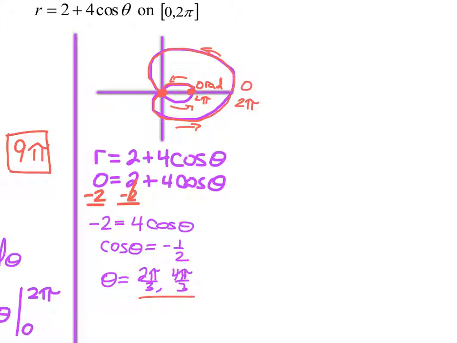Because if I dial back my theta max a smidge, just short of the full domain, then I should have just short of a full graph. So hit graph, I have just short of a full graph. So it looks like I'm not at the point where I would be worried about overshooting it. But let me show you where this really becomes an issue.